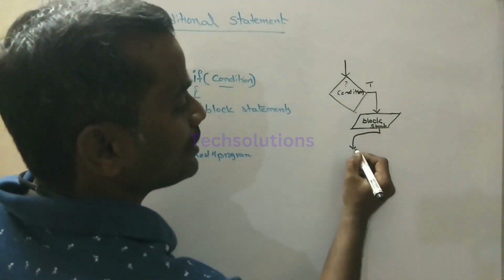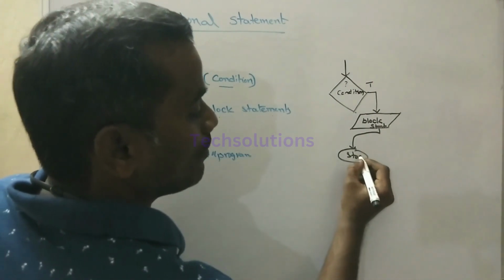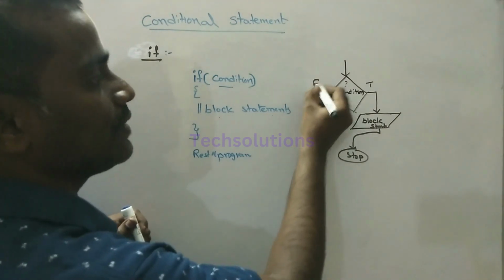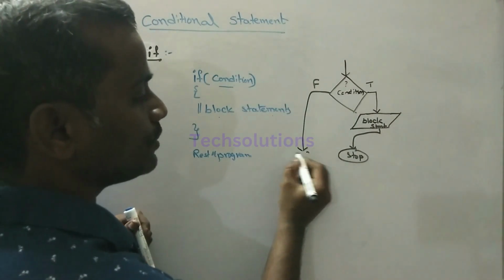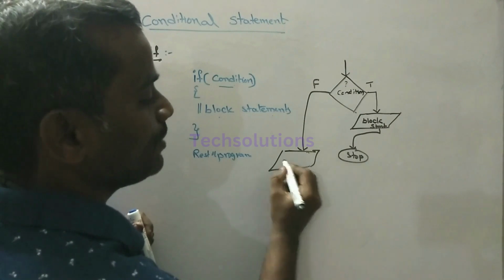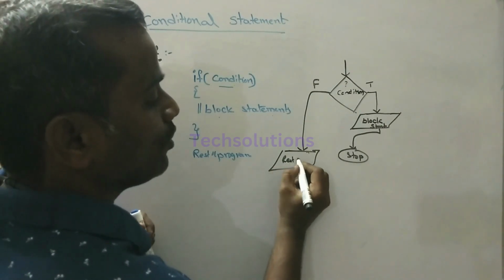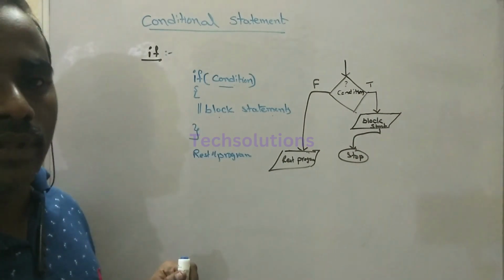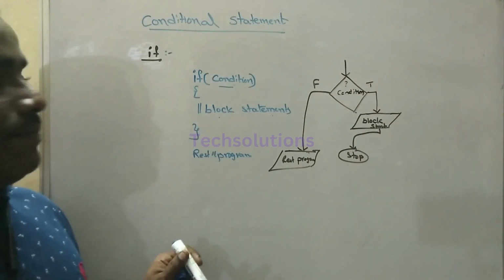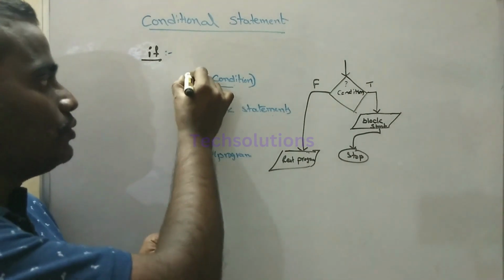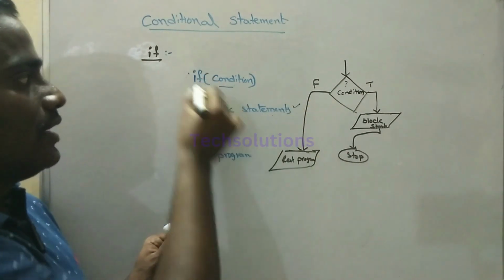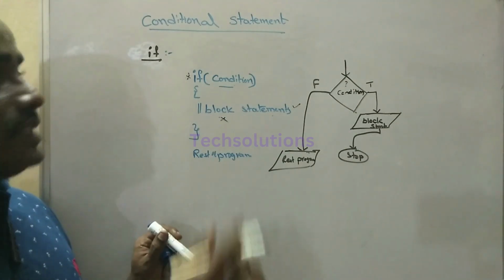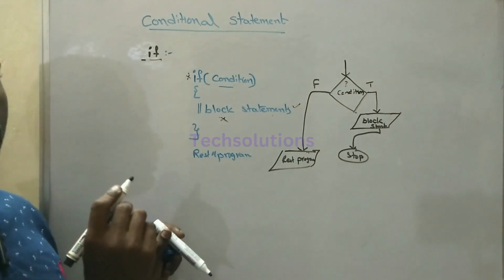After that, the if statement stops. If it is false, then the rest of the program, the remaining statements, will be executed. Very clear? Simple. If the condition is true, I execute these statements. If it is false, they are not executed. That is the simple if.